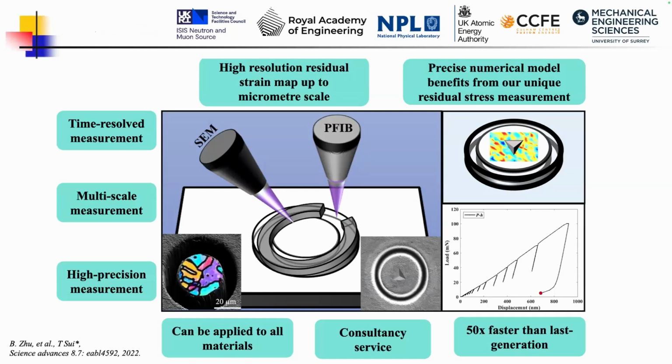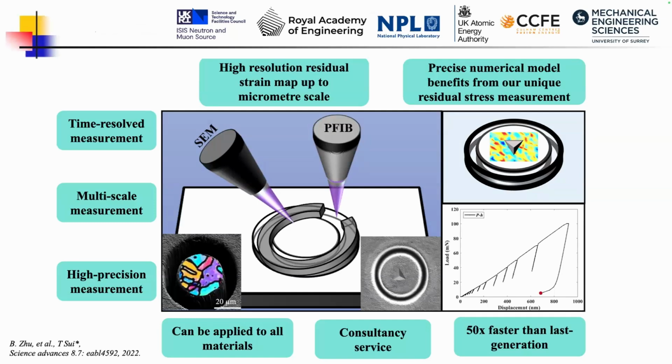Essentially, we use the plasma focused ion beam to remove the material layer by layer with hundreds of nanometers precision, and then use scanning electron microscopy to capture the resulting displacements at the resolution of the pixel and subpixels. At the time the depth of the removed material equals the diameter of the pillar, the residual strain has been fully relieved.